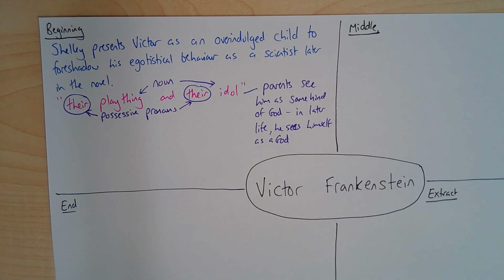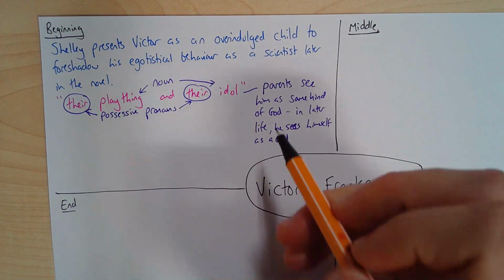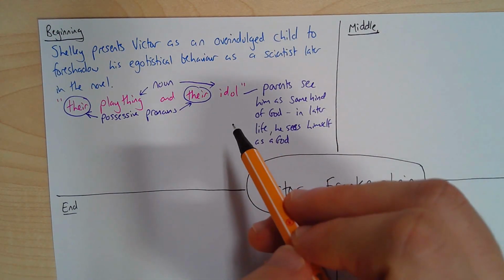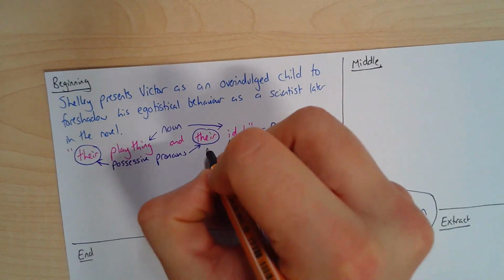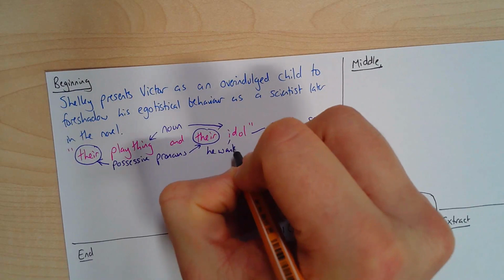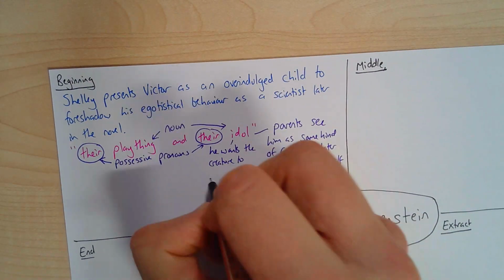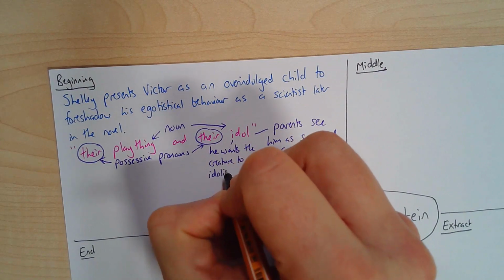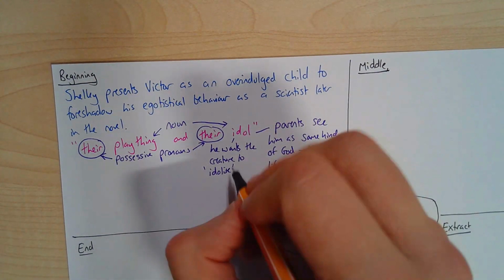And then thinking about this in more depth, that's a valid point that we're making, but think about these things in a bit more detail. This idea that he wants the creature to idolize him. I'm embedding the word there, using the quotation in a different way.